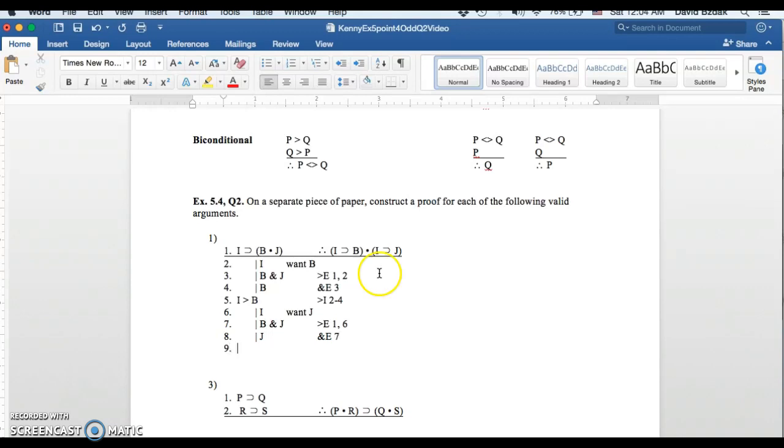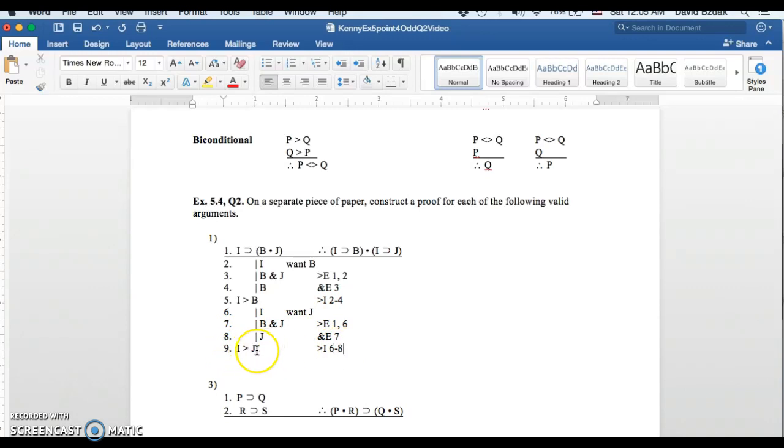And since J was what we wanted, we're done with that. We go I conditional J by conditional introduction 6 through 8. Okay, so 6 we made our assumption, that's the first number. 8 we got what we wanted, J, so that's the second number.